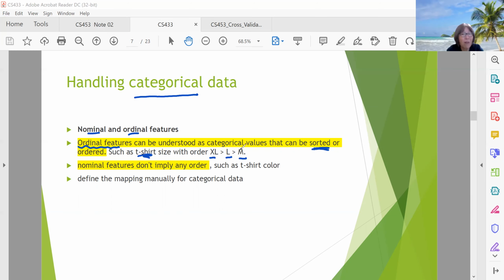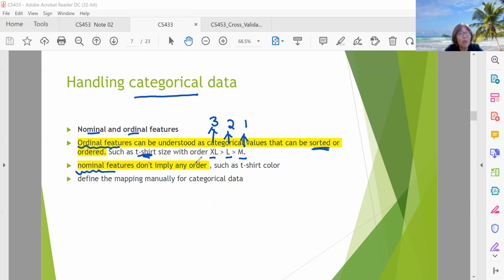For ordinal features, it's logical to give them values, like mapping this one to 3, this one to 2, and this one to 1. But there is another kind, called nominal features.